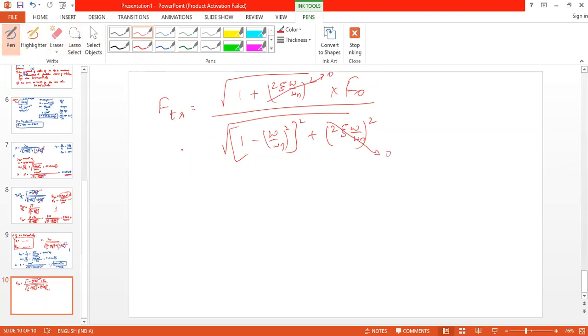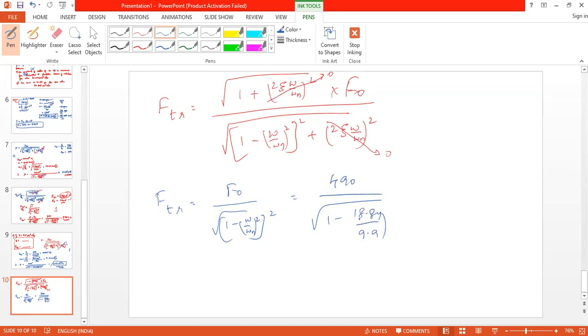So FTR is equal to F naught divided by root of (1 minus omega by omega n whole square) whole square. F naught is 490 divided by root of 1 minus (18.84 divided by 9.9) whole square, whole square. Minus 186.9.